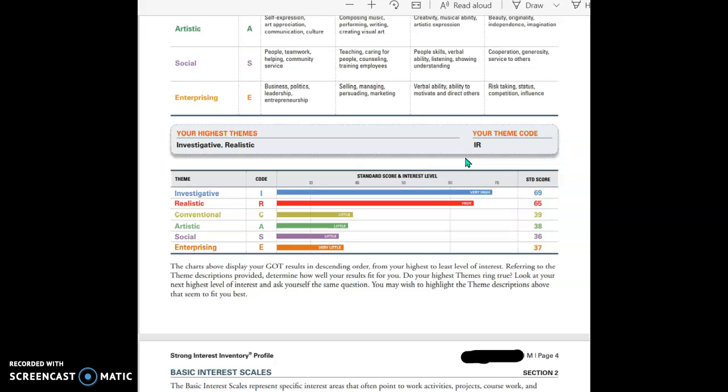Here, I would encourage you to pause the video and compare your score on this inventory to the self-selected theme code that you came up with in the module, and see how they compare to each other. Many of you accurately estimated the results, but in some cases your letters might be in a different order. So I would encourage you to compare this too.